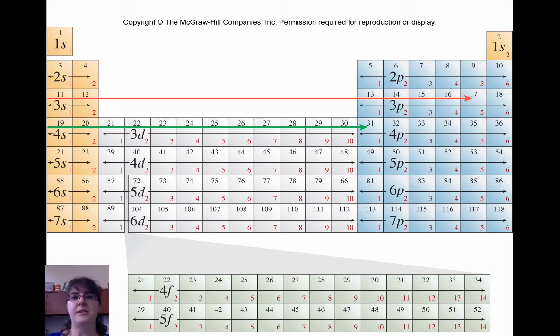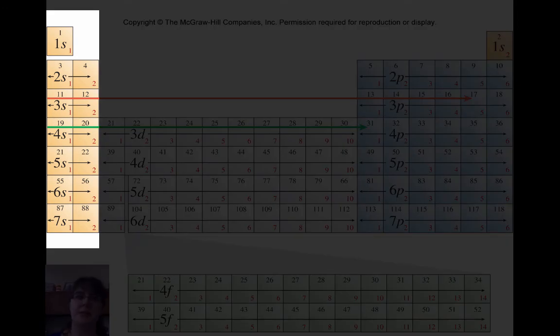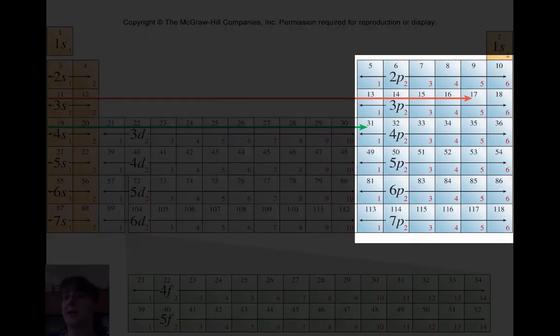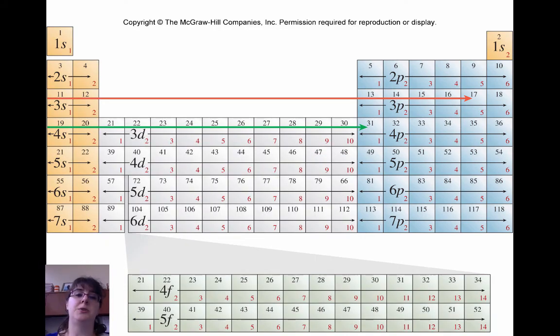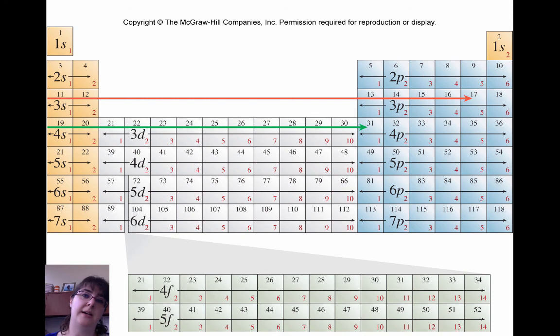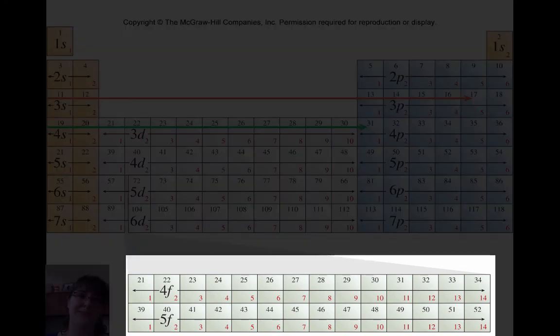All this idea of subshells you can actually see on the periodic table itself. When you have an L equal to 0, that is going to be your S subshell, which you can see here in orange. When you have your L equal to 1, that's going to be a P subshell, which you can see here in blue. L equal to 2 is going to be your D subshell, here in the middle in gray, and your L equal to 3 will be your F subshell down here at the bottom.